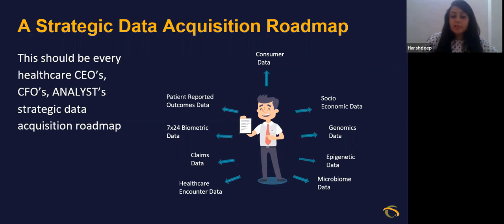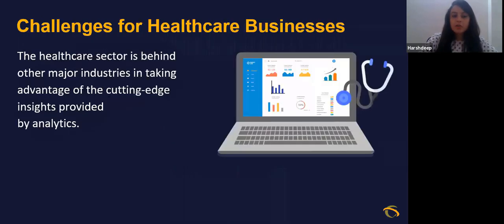Such a roadmap should include data about healthcare encounters, claims, biometrics, as well as patient-reported outcomes. It should also include consumer, socioeconomic, genomics, epigenetics, and microbiome data. Sapna will talk more about the challenges there.